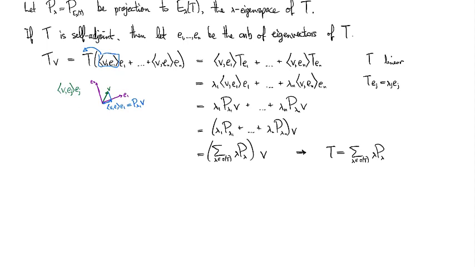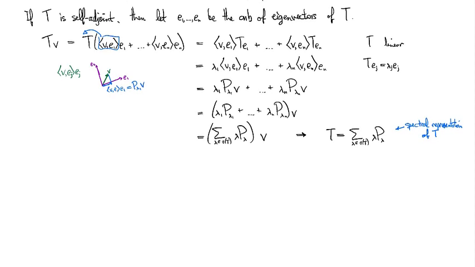So this is the spectral representation of T. It's a sum over the spectrum of lambda times projection to the lambda eigenspace.